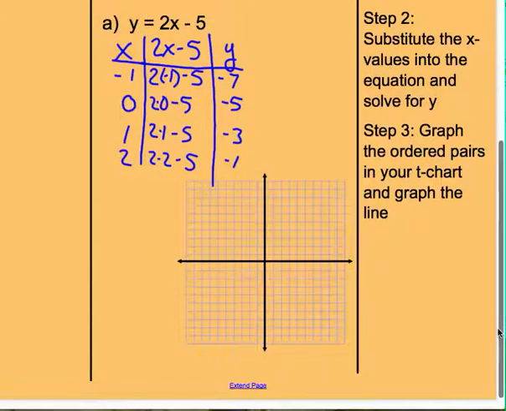So our first ordered pair is negative 1, negative 7. Our second ordered pair is 0, negative 5. Our third ordered pair is 1, negative 3. And then our last one is 2, negative 1. I'm going to extend my line.